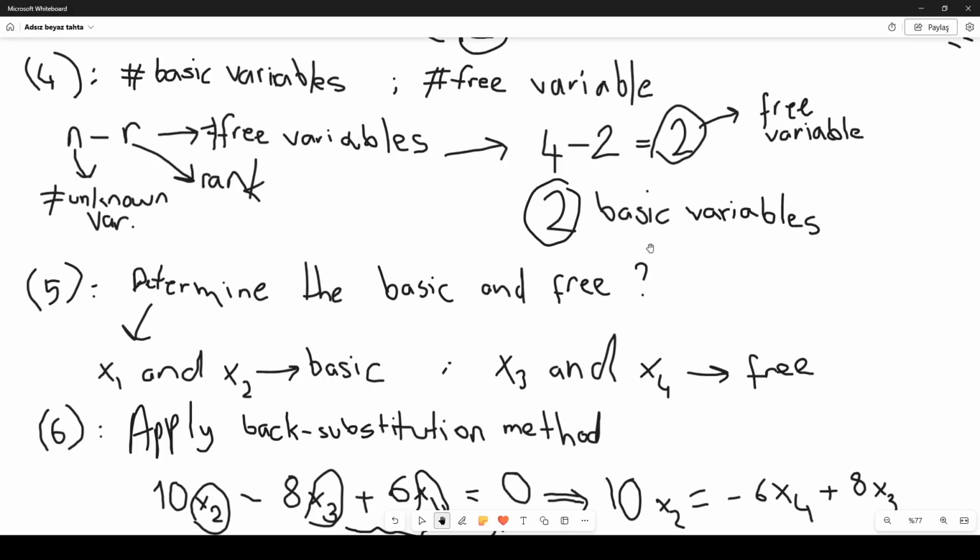In our case, x1 and x2 are the basic variables because they correspond to the basic columns, and x3 and x4 are the free variables because they correspond to the non-basic columns. A basic column is a column that includes the pivotal element, whereas the non-basic columns do not include the pivotal position.